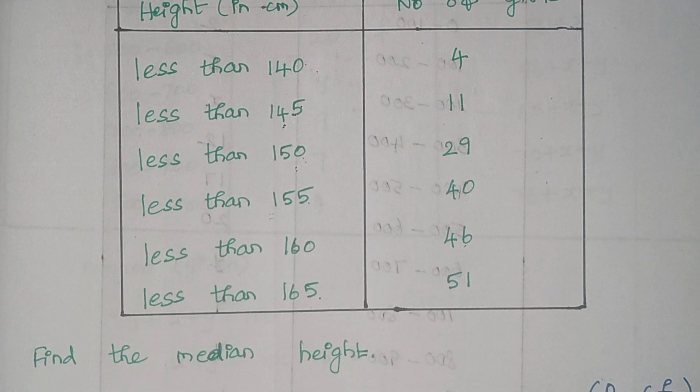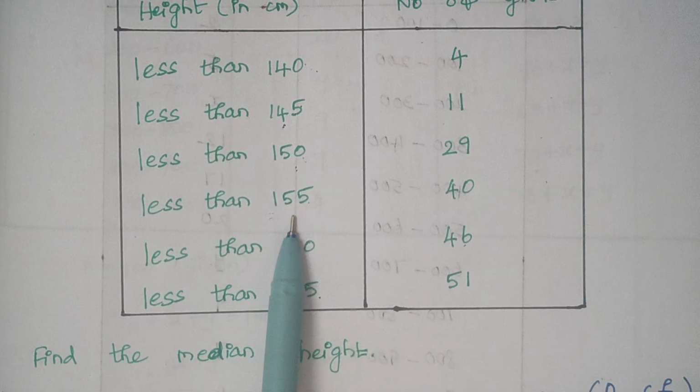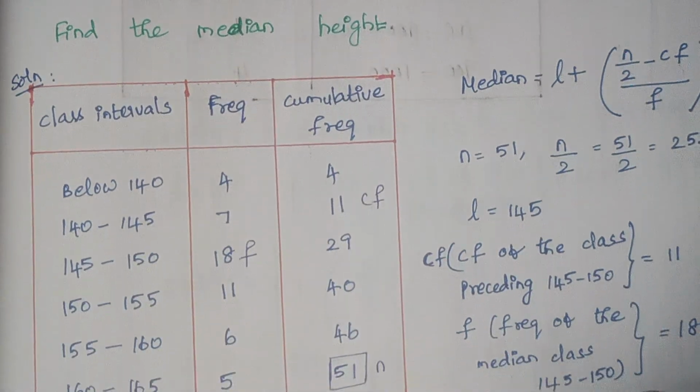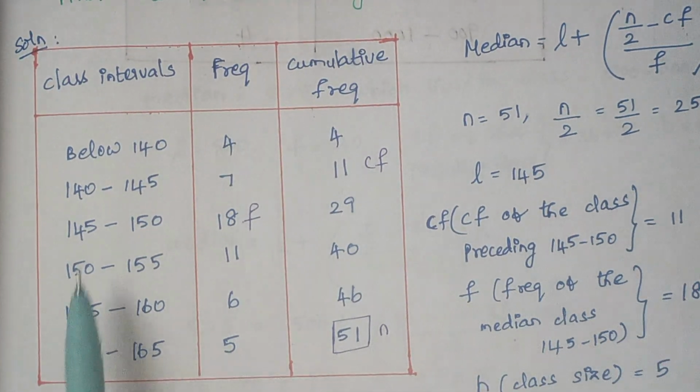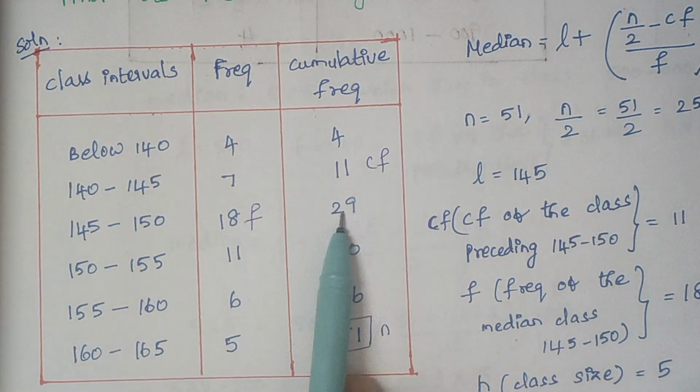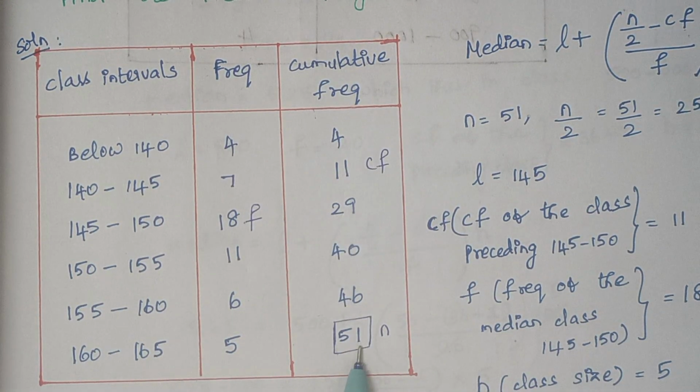This is the method to find whether the given values are cumulative frequencies or normal frequencies. This is the key thing to be kept in mind. Now frame the intervals: below 140, then 140 to 145, 145 to 150 and it goes on. The given parameters are cumulative frequencies.